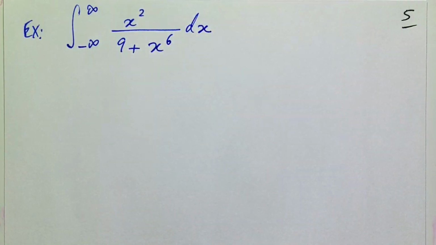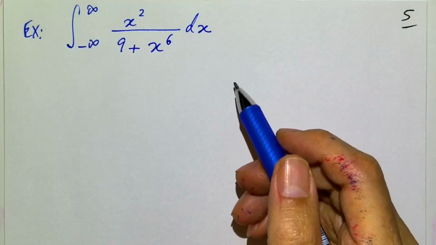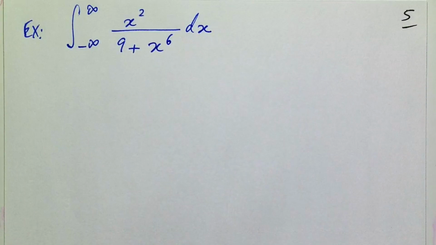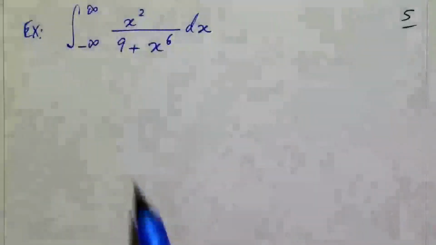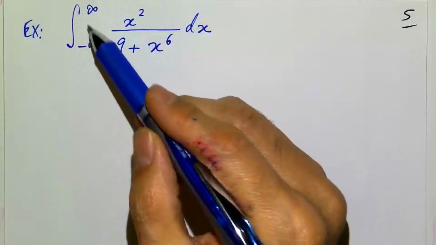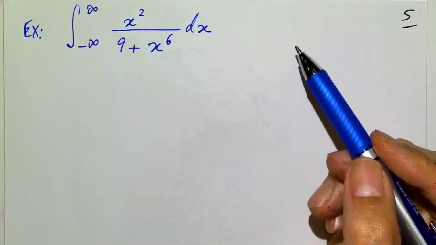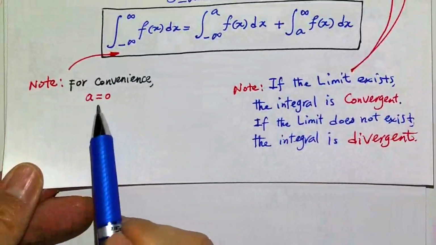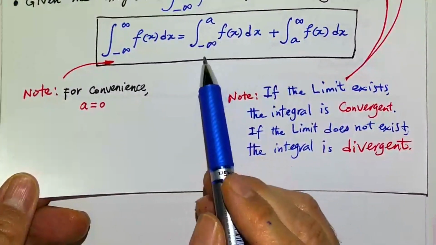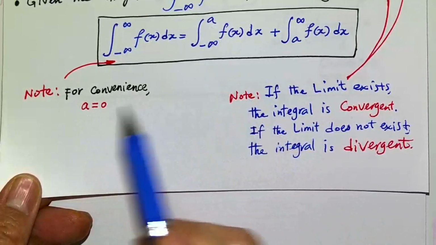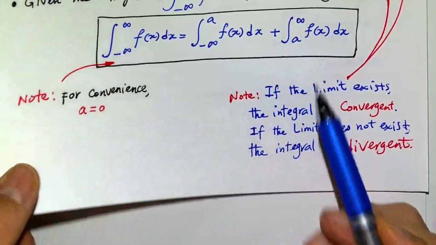As we mentioned on that first slide, when the limits of integration are from negative infinity to infinity, we want to break this up into two integrals. For convenience, we choose the two pieces to go from negative infinity to 0 and then 0 to infinity. Let's do that here.